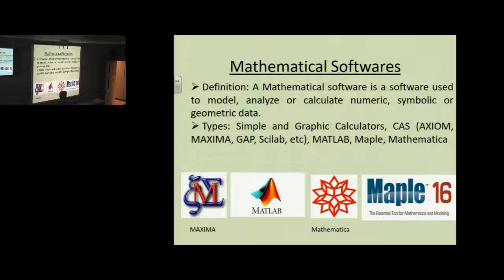These are the commonly used general purpose softwares for mathematics as well. You can see the icons of some of these softwares. This is Maxima, we have MATLAB, Mathematica, and Maple. Some of them are open source, some are commercial.